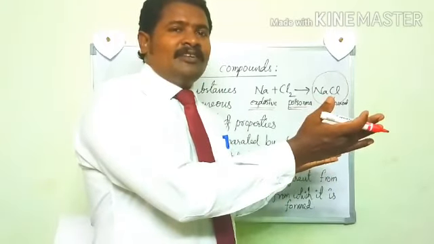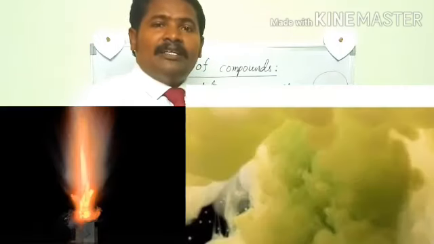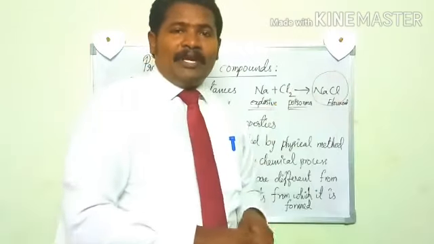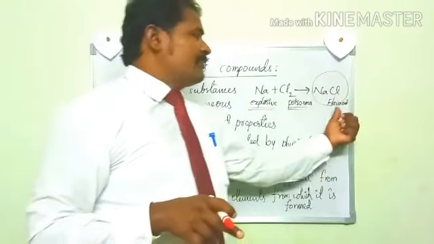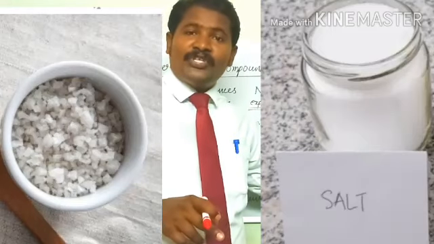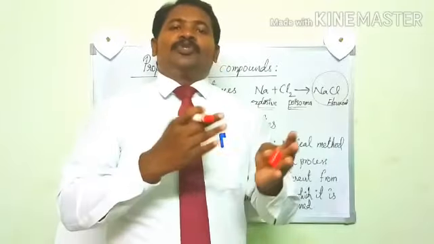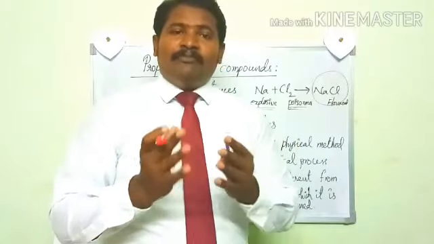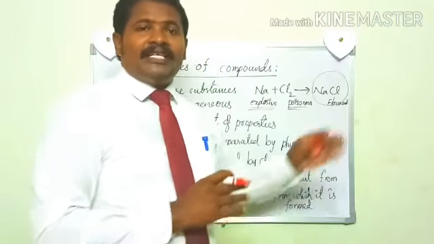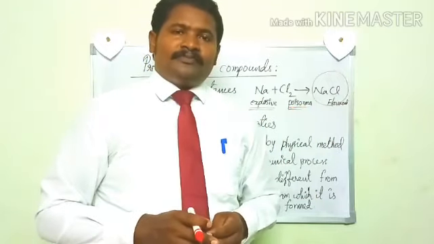But when the explosive metal sodium and the poisonous non-metal chlorine combine chemically, they form a flavored substance, sodium chloride, which we eat, and which we add to pickles or meat as a preservative, and which gives taste to food items.